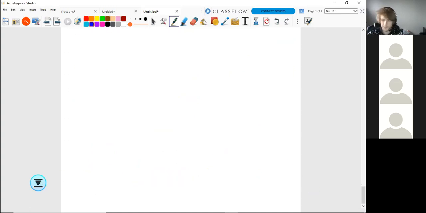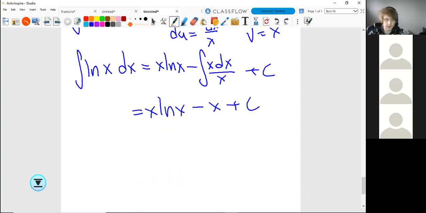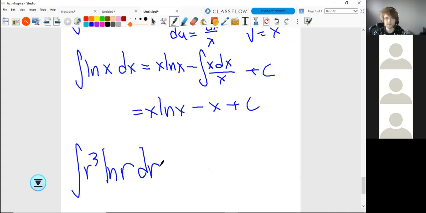So we've conquered that difficulty. What's the difficulty here? So v is equal to the integral of ln r. Or am I doing this wrong? I think you got cut out there. Hello?